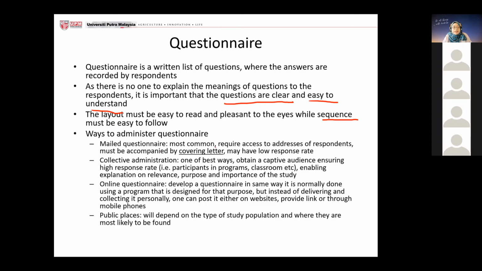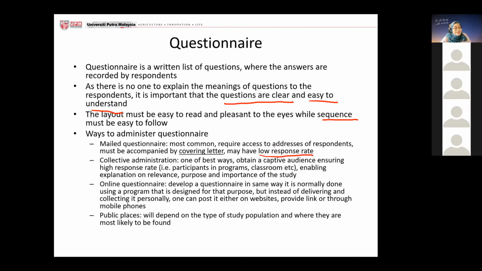This was the most common option before, but you need access to the address of your respondents, and you must have a covering letter, and it has the problem of a low response rate.